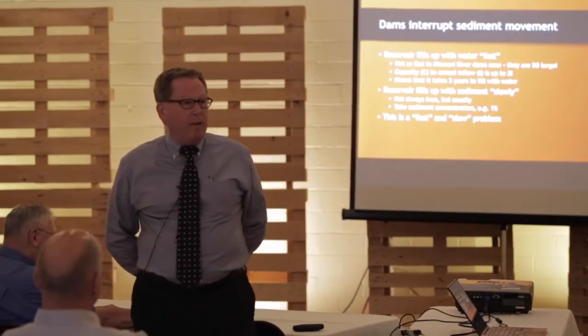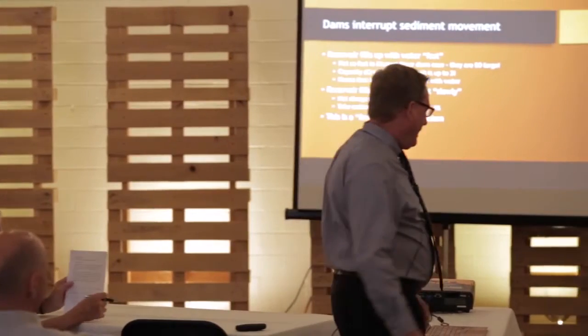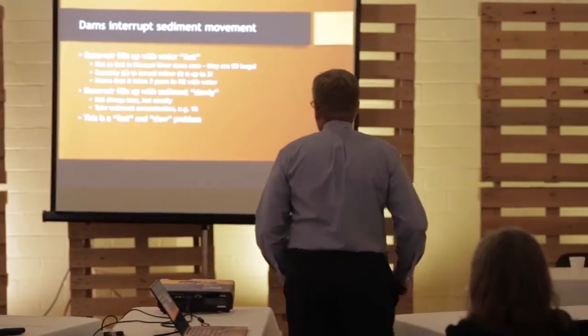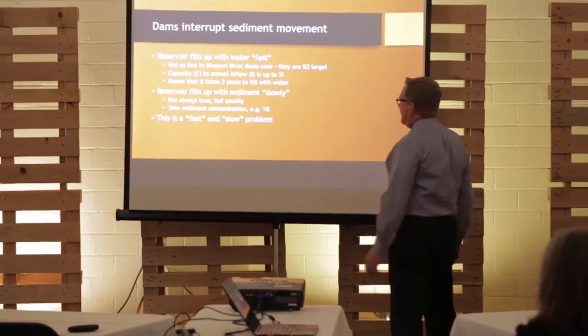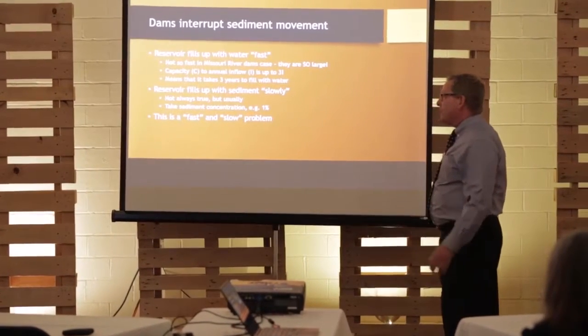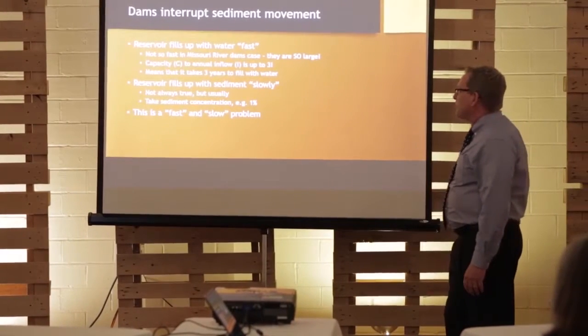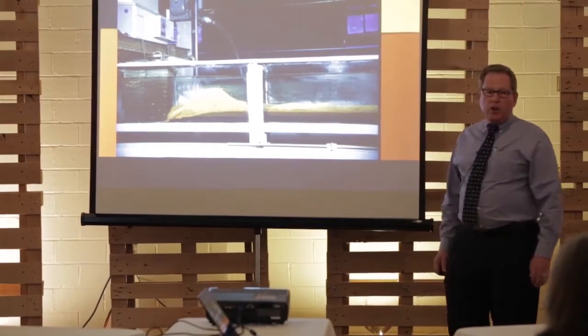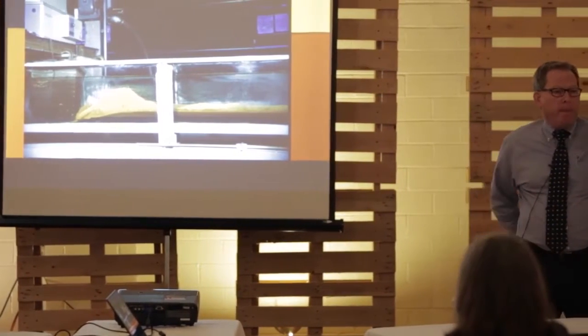A colleague of mine who really likes math and I have published a couple of papers looking at the theoretical equations that govern fast and slow problems, and sure enough, we got a problem long term. I'd like to show you what the delta looks like in Gavin's Point.